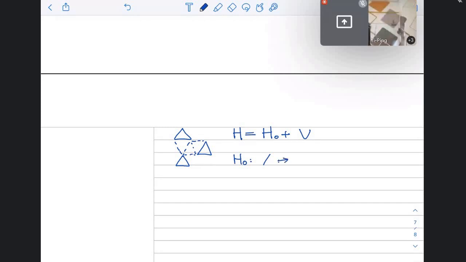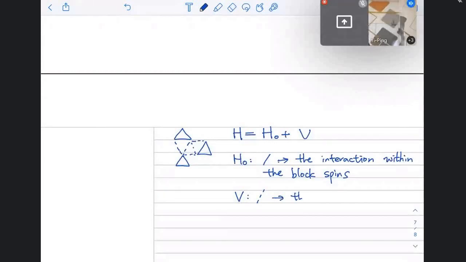It represents the interaction within the block spins. And V, represented by this dashed line, represents the interaction between the block spins.